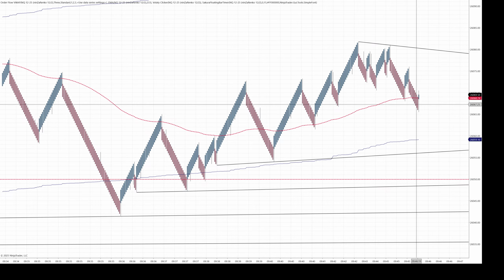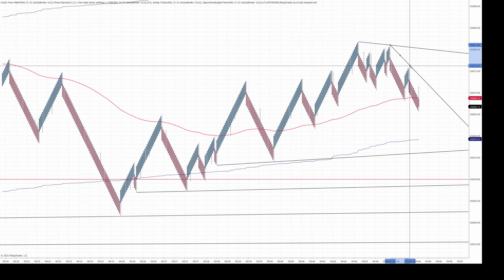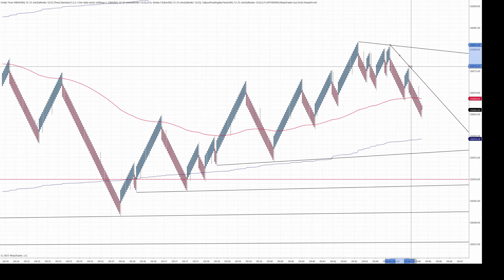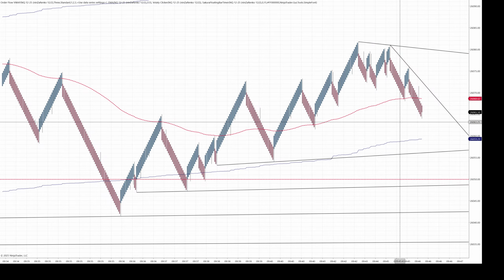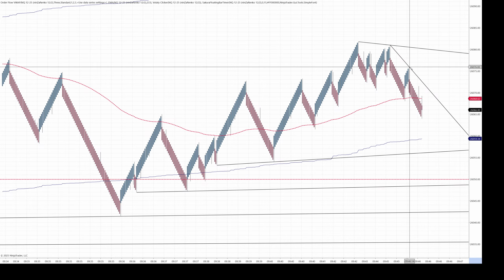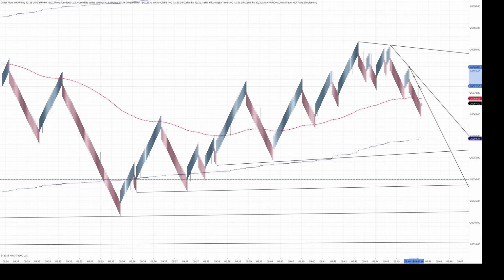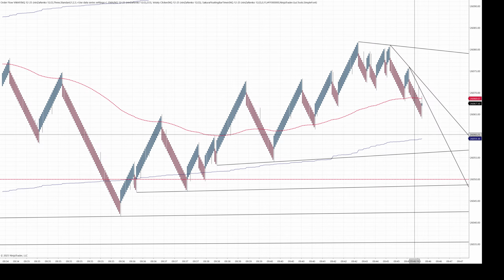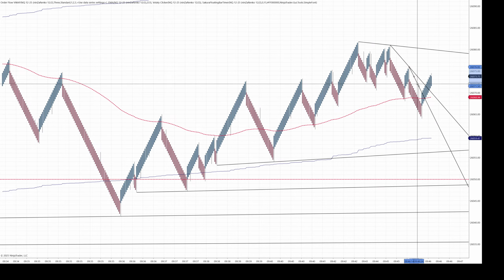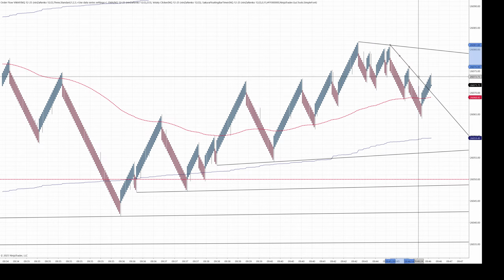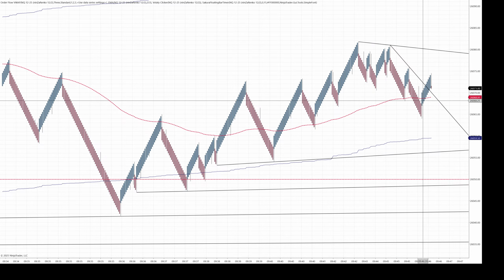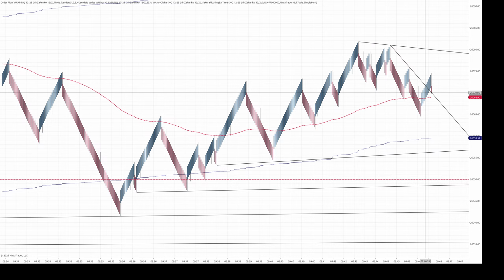And you can see here it stopped out. We got a second reversal signal up here, but notice where it triggered. It triggered underneath this trend line as well.